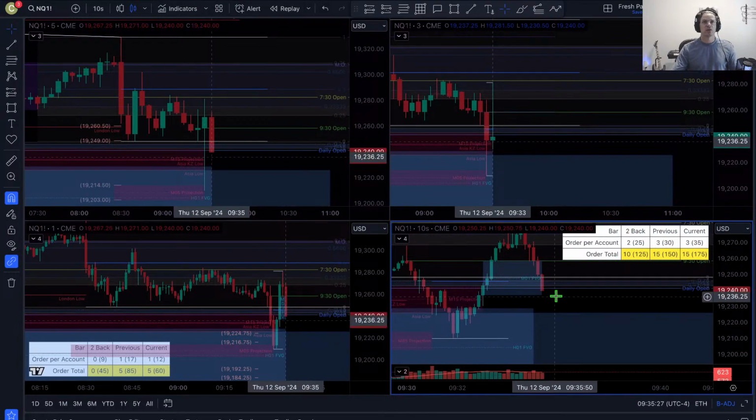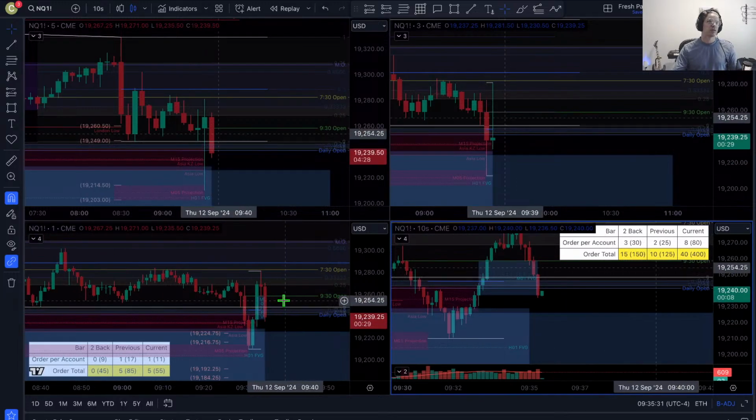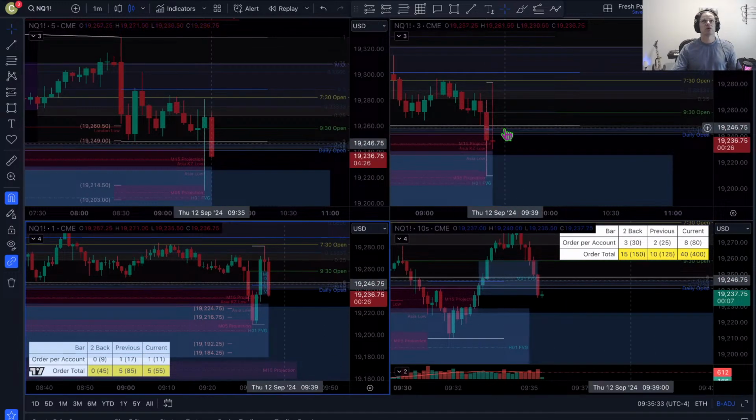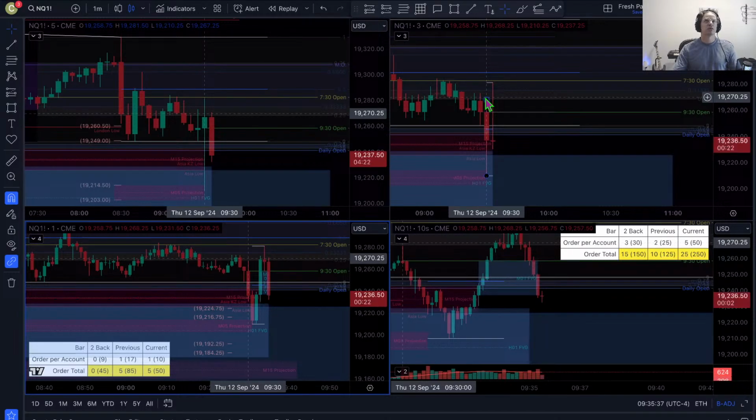You know, we're at the daily open again. We're inverting that fair value gap. Notice that the M3 hasn't closed yet, so this projection is not really valid, right?